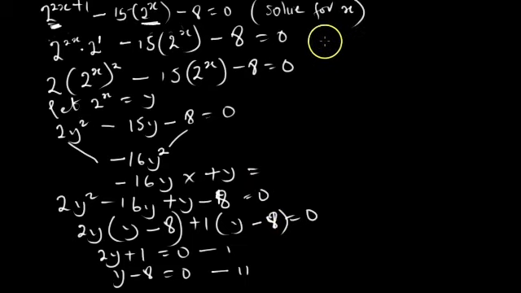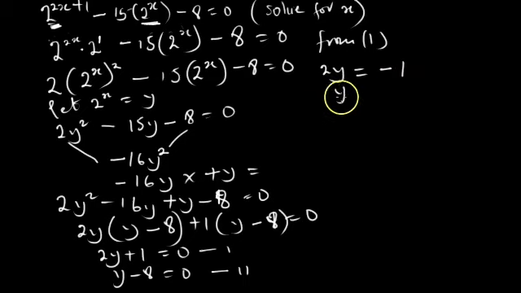So that from 1, we can state that 2y is equal to minus 1. y is equal to minus 1 all over 2.